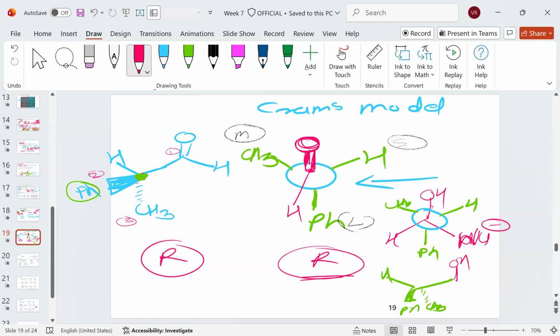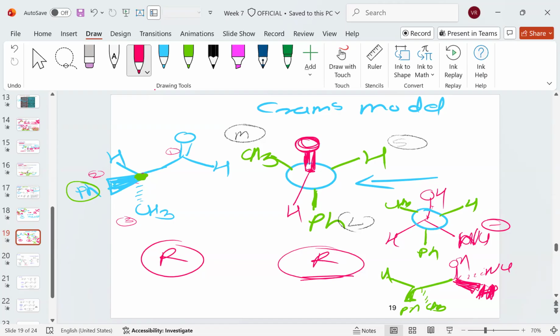Now this nucleophile comes from the backside, and this hydrogen is above the plane. So like this. This is the product we are getting in this reaction. I hope you are able to understand this now.